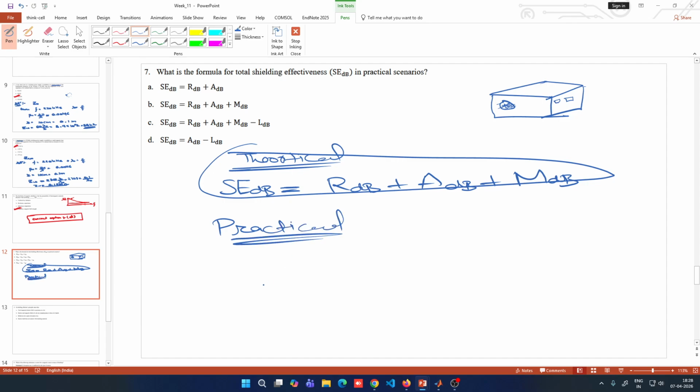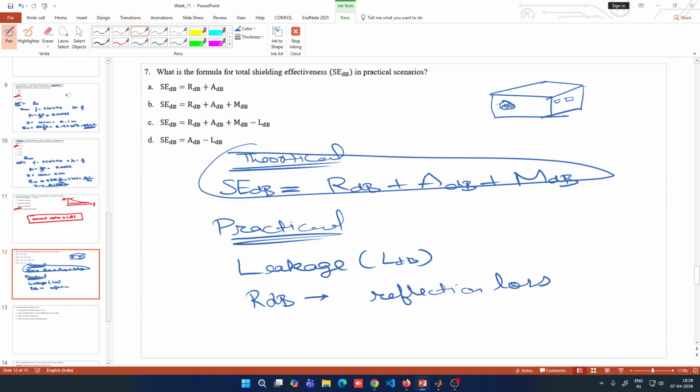So in a practical scenario, there is leakage, so we have to account for leakage LdB along with reflection. RdB is reflection loss. AdB is the absorption loss inside the material or inside the sheet.